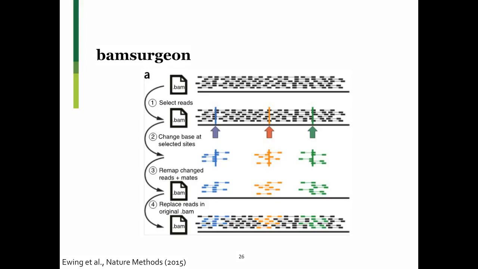And this was used as a way to basically benchmark different mutation calling algorithms in the ICGC mutation caller shootout. The advantage of this is basically it takes an already aligned BAM file. It also takes a number of genomic loci where you want to insert a mutation, and it inserts those mutations and then remaps the reads that contain the mutation. So what you end up with is a BAM file that has been altered to have mutations in known locations.